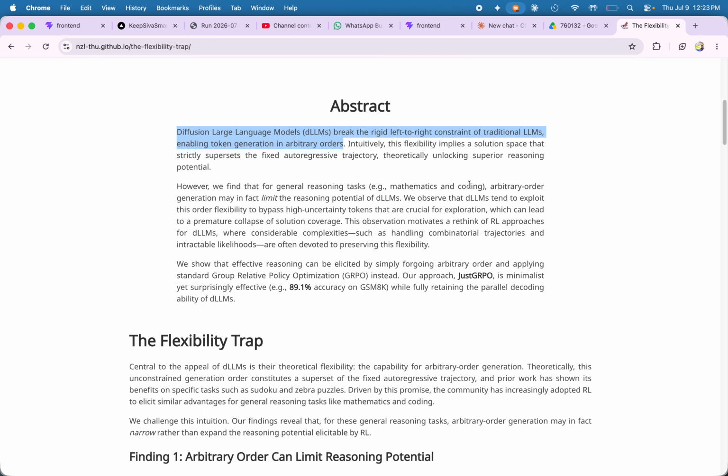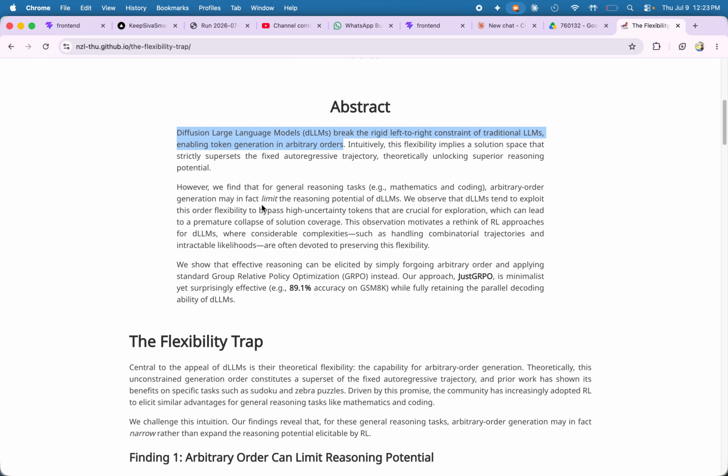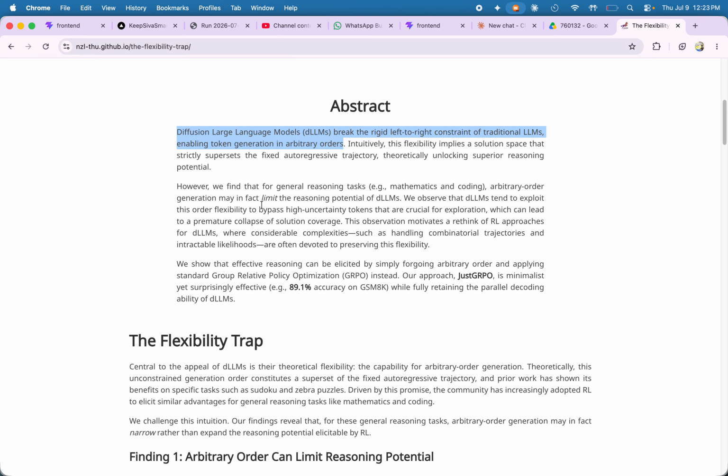Theoretically, they should unlock superior reasoning potential, but for general reasoning tasks like mathematics and coding, the order matters. The tokens that come in between, the low probability ones, like the structured ones, such as 'if' and 'therefore', are very important. Because of that, it's not performing well. So that's the actual issue when it comes to real tasks with DLLM models.